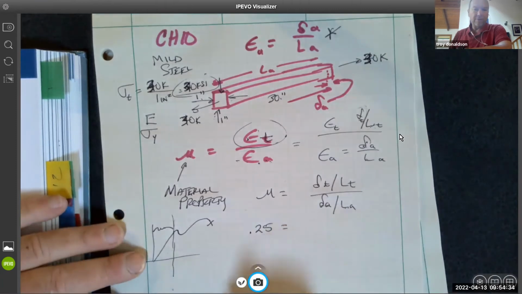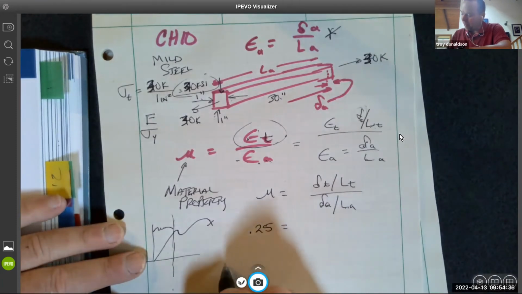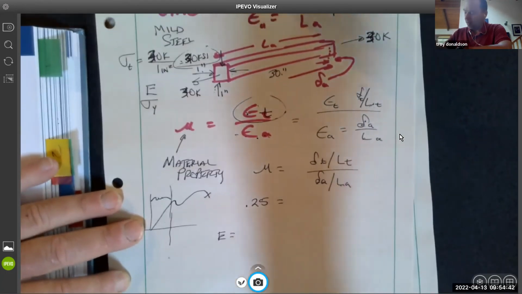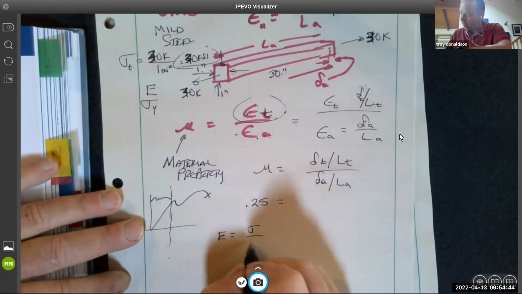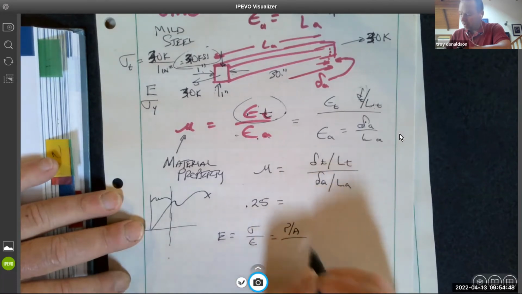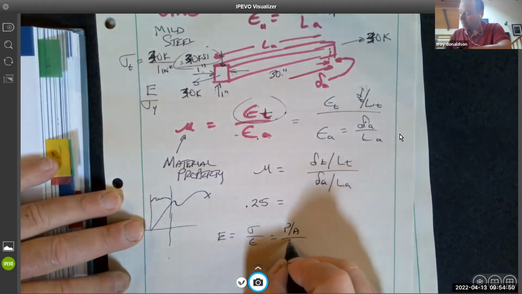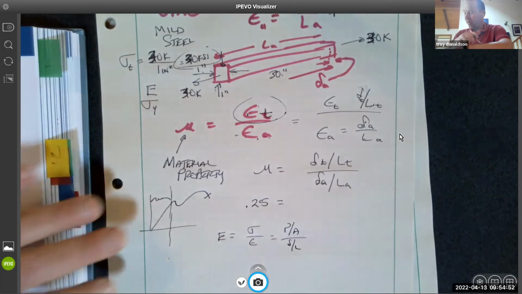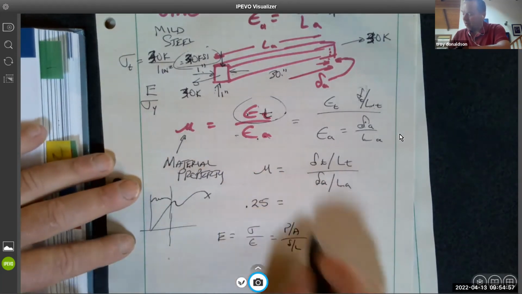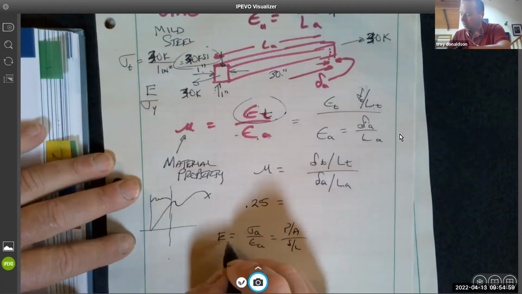There was an equation for that. We know that E equals stress over strain, which equals P over A over delta over L, right? And that's all axial. This is always axial when we do this.